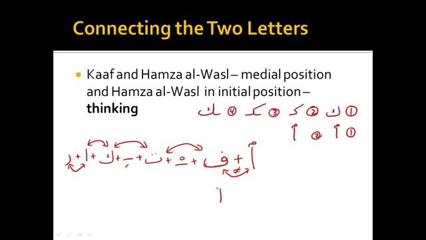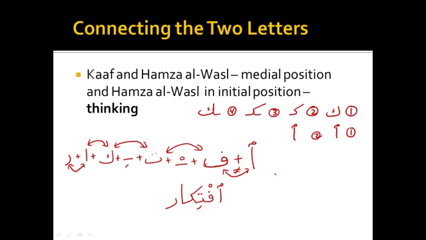We have the alif, the Hamzat al-Wasl, and now our fa, ta, ka in the medial position. Okay, and we have our fa, ti, kar, iftikar, and this is the Arabic word for thinking.